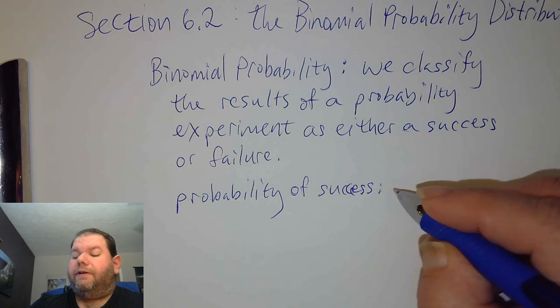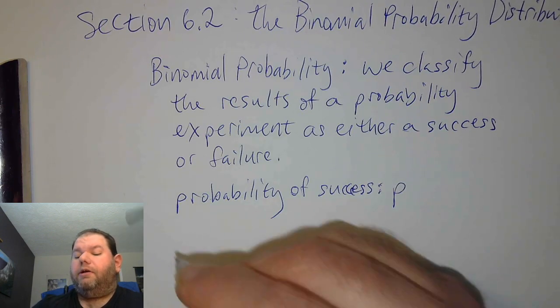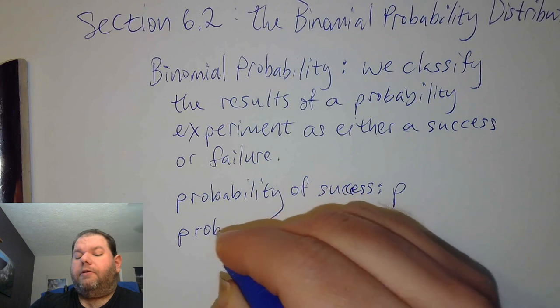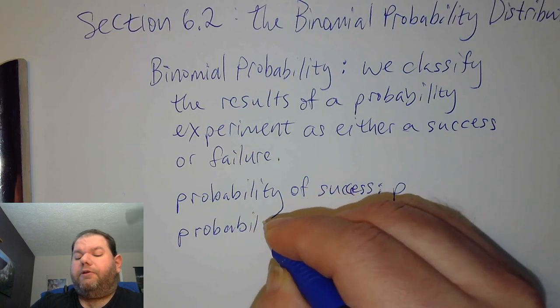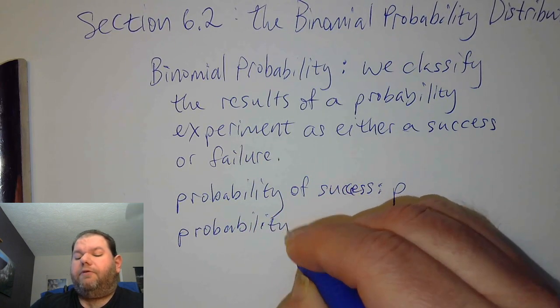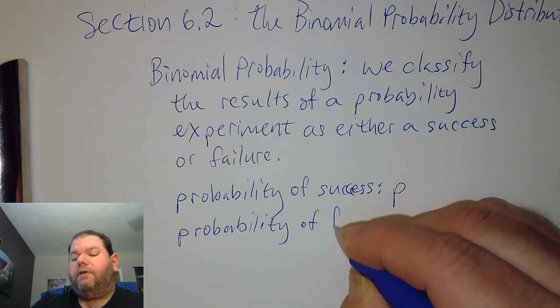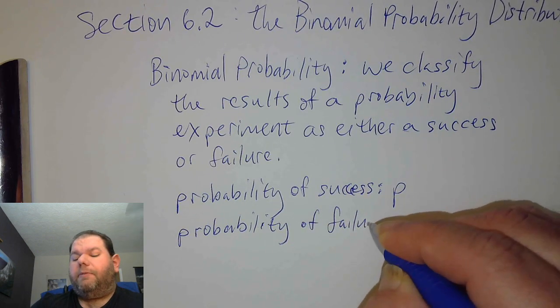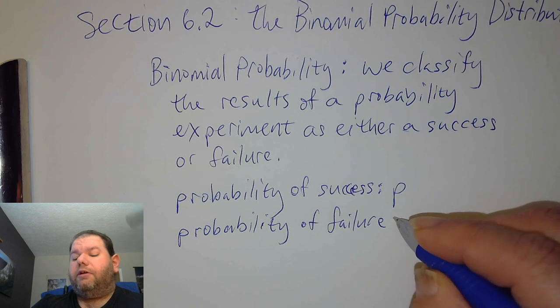Probability of success is the value P. Now, probability of failure, we don't always have to express this, but I just want to make sure we're okay calculating it.